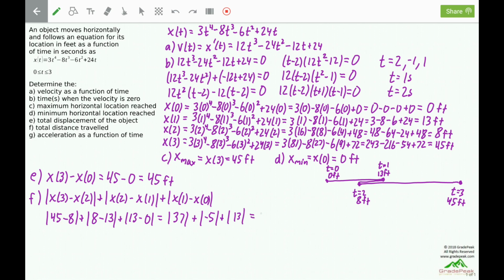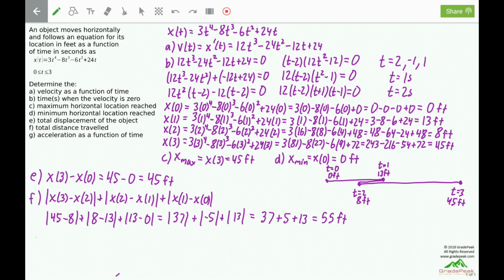We want the absolute value of each of these, so it'll be 37 plus 5 plus 13. 37 plus 5 is 42, plus 13 more is 55 feet. So it traveled a total distance of 55 feet and displaced 45 feet in doing so. And that's because part of the time it moved in the negative direction.